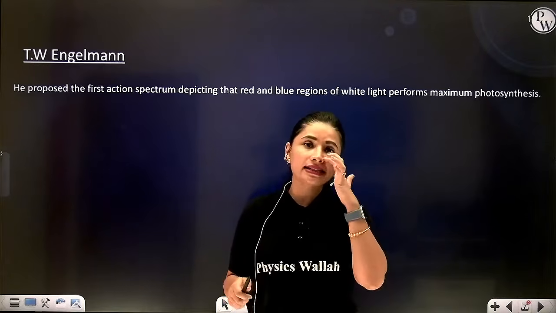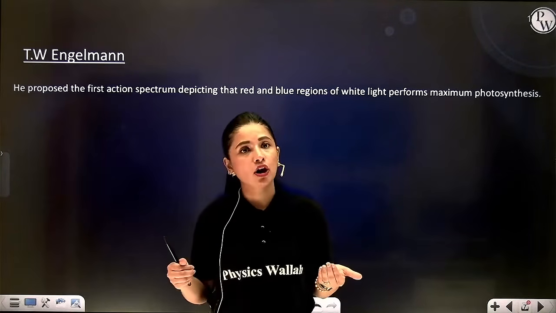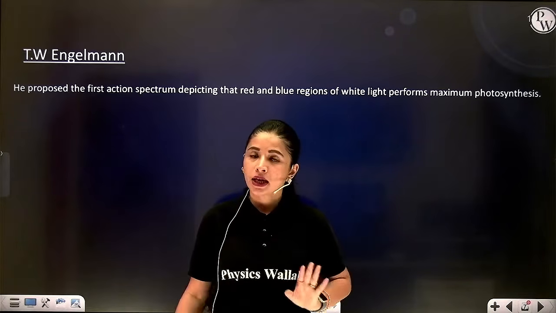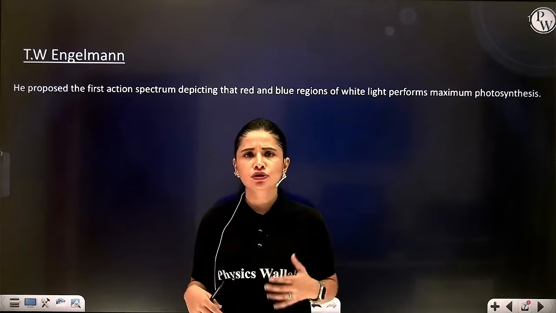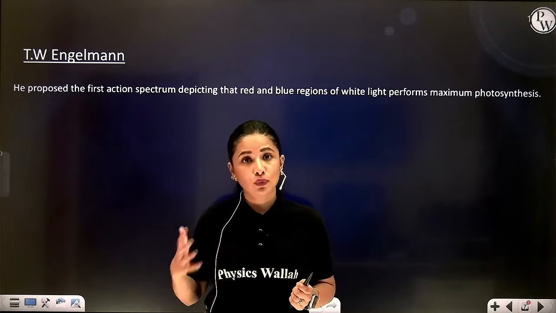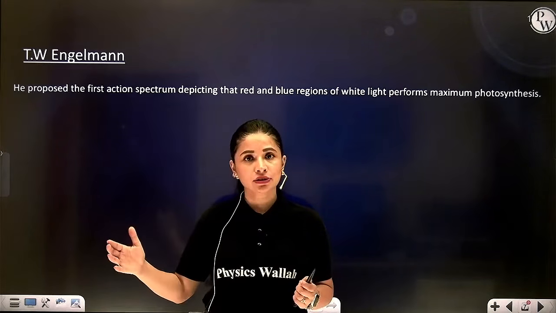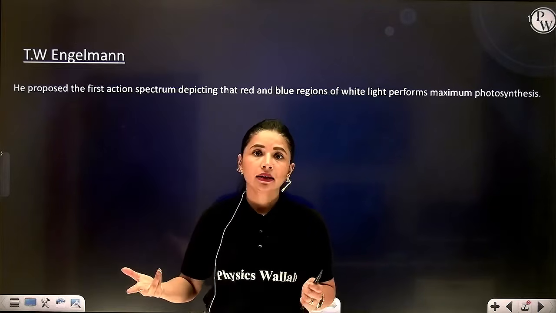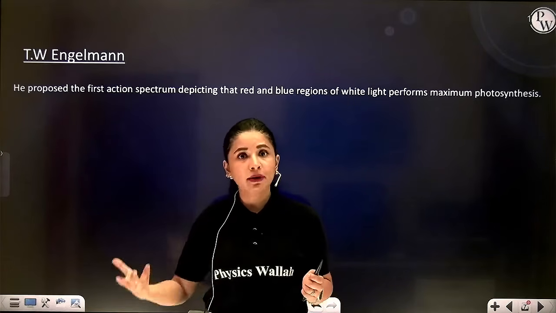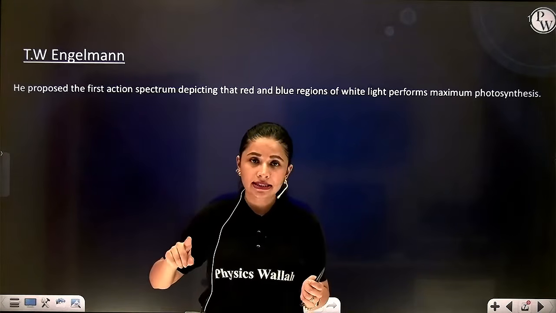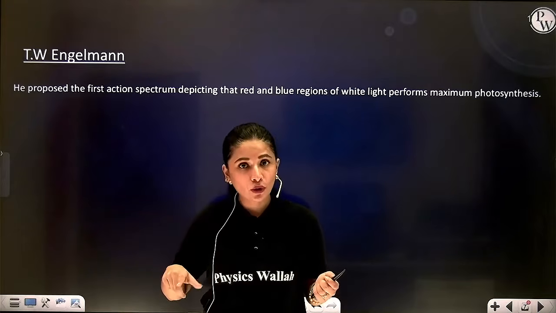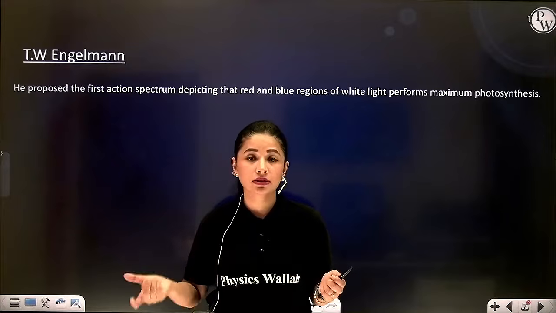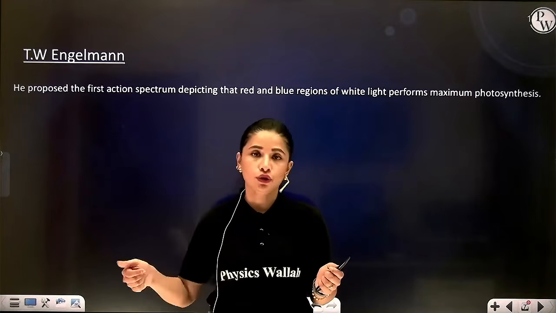Now, white light has how many components? 7 components: VIBGYOR, violet, indigo, blue, green, etc. T.W. Engelmann was very curious to know whether all these 7 regions of the visible spectrum are capable of performing the same rate of photosynthesis. If yes, then it's okay. If no, then which region of white light is performing maximum photosynthesis and which region is not?